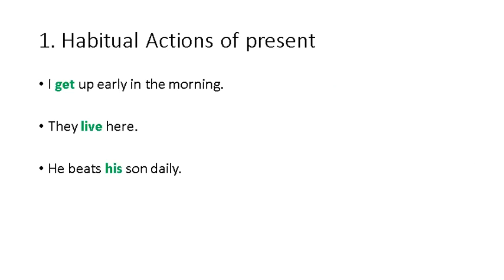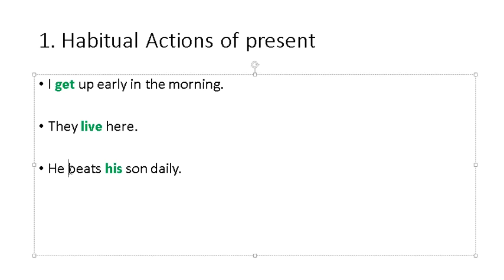First, whenever you are talking about a habitual action of the present time, like whenever we ask you about your daily routine, and you say I get up early in the morning, they live here, he beats his son. Unfortunately, I have written this as beats his son.